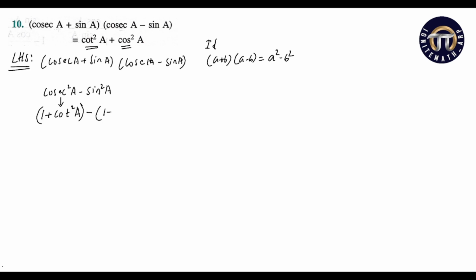Sin square A can be written as 1 minus cos square A. So when I remove the bracket, 1 plus cot square A minus 1, minus into minus is plus cos square A. So plus 1 minus 1 will get cancelled. So I can write this one as cot square A plus cos square A. So that is equal to RHS.